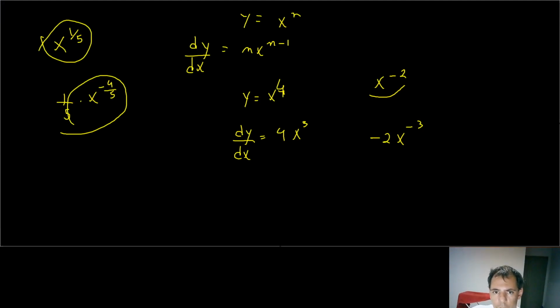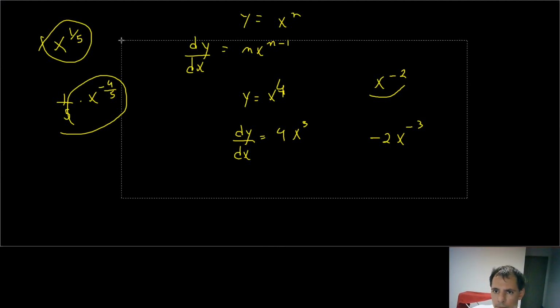Now I'm going to show you guys. I'm going to have to prove a few things in here. When you have the derivative of f of x plus g of x with respect to x, what is this going to be? How do you compute this?